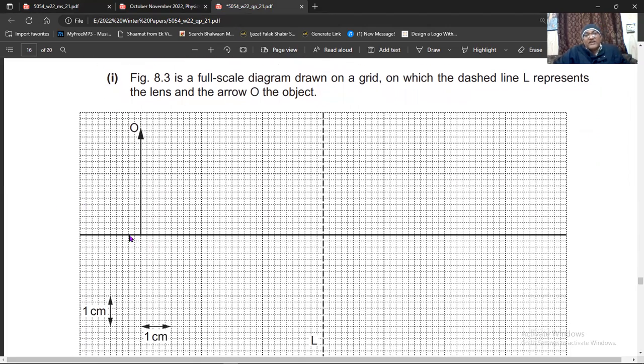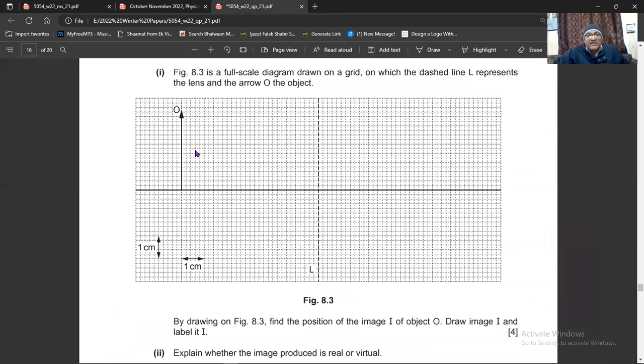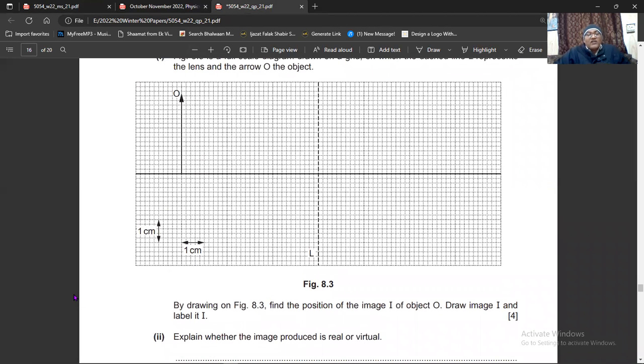So this is your object, okay? By drawing on figure 8.3, let me reduce the size so you can see the whole thing, find the position of the image I of the object O. Draw image I and label it I. It's a 4 marks question.